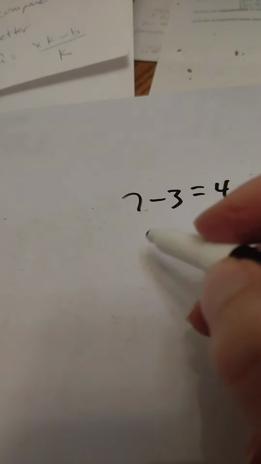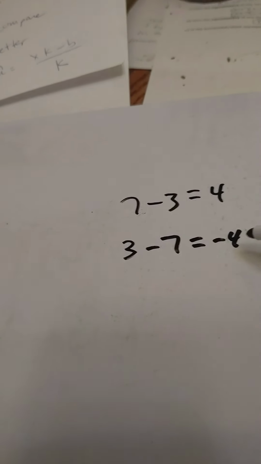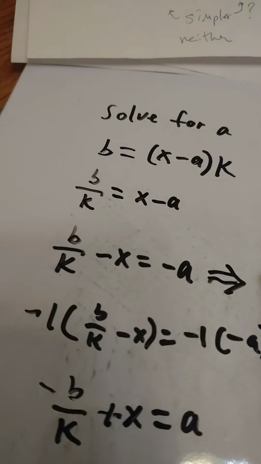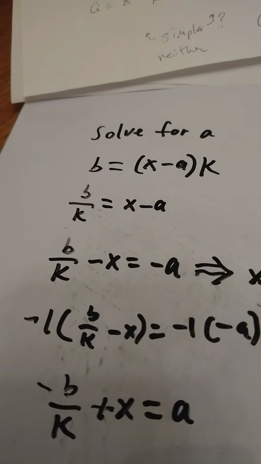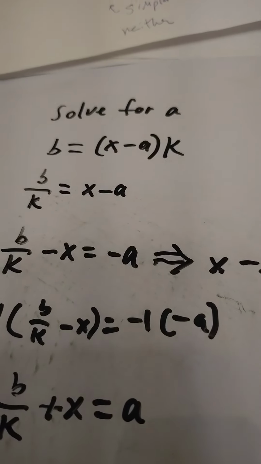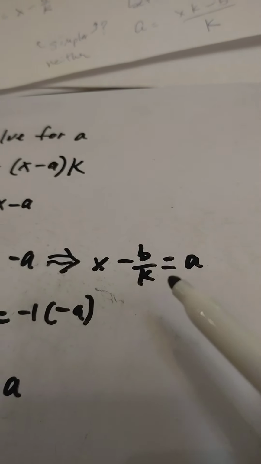For example, how about 7 minus 3? We all know that equals 4. What happens if I switch the order of these terms and go 3 minus 7? Doesn't that equal 4 times a negative 1, or negative 4? So along those lines, from here I could switch those terms around: x minus b over k equals a. In a sense, I multiplied both sides by negative 1 to get that.